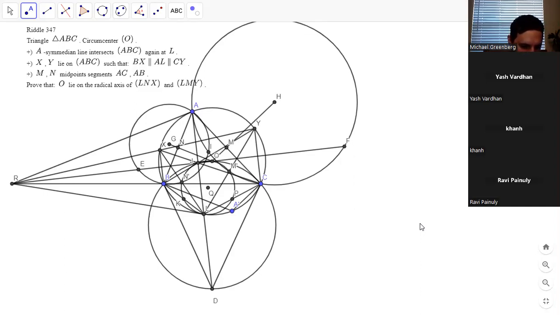So really we need to find OG, and we need to use that the circle goes through N prime.